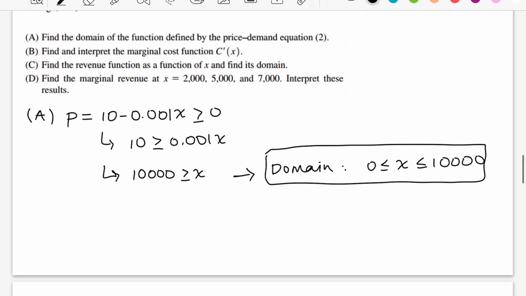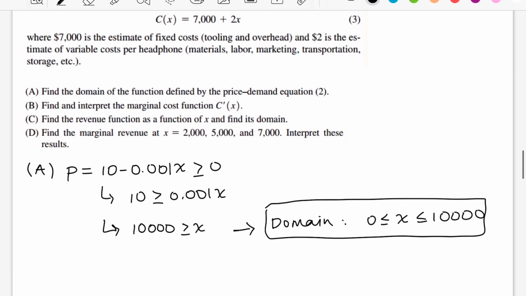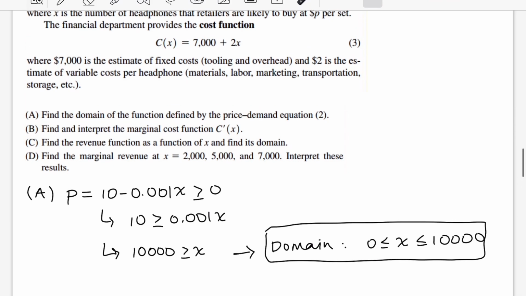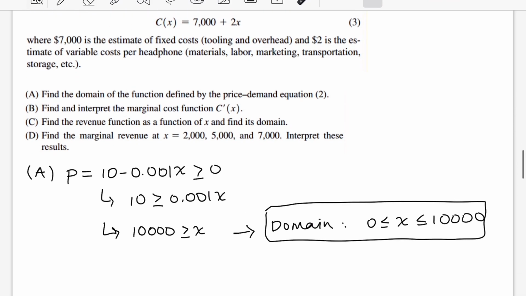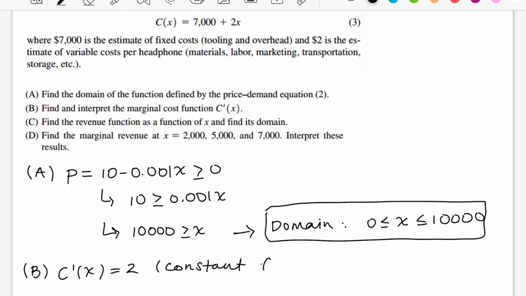For part B, we want to find and interpret the marginal cost function. So we're given this is our cost function, and the marginal cost is just going to be the derivative of that, so C prime of X. And if you notice, the derivative of 7,000 is just 0, and then the derivative of 2x is just 2. So we have here a constant function.